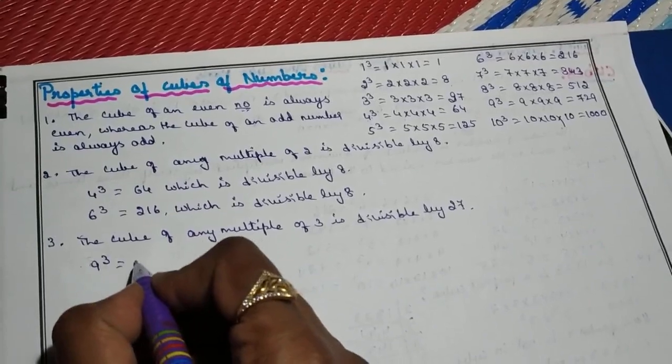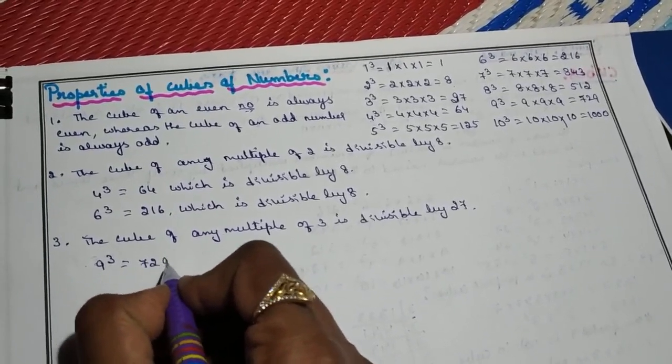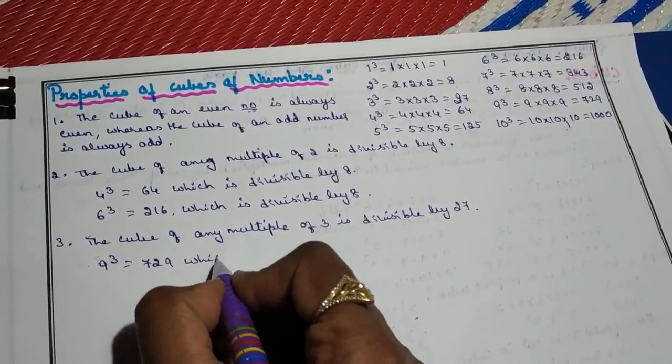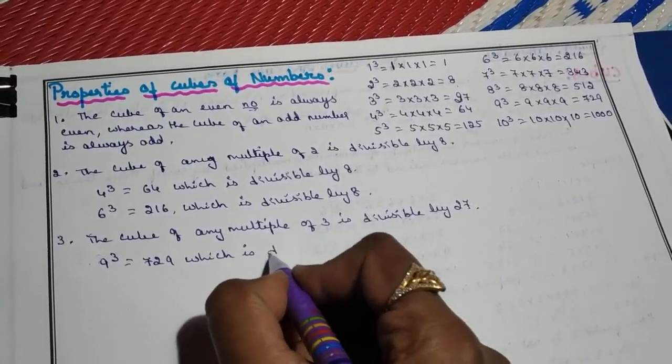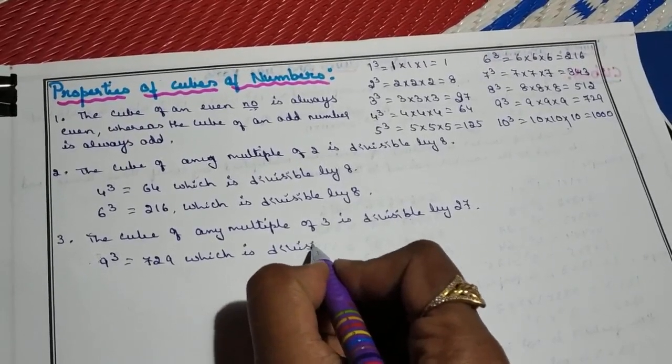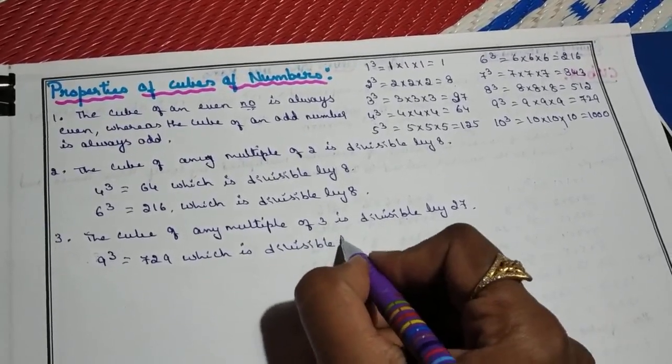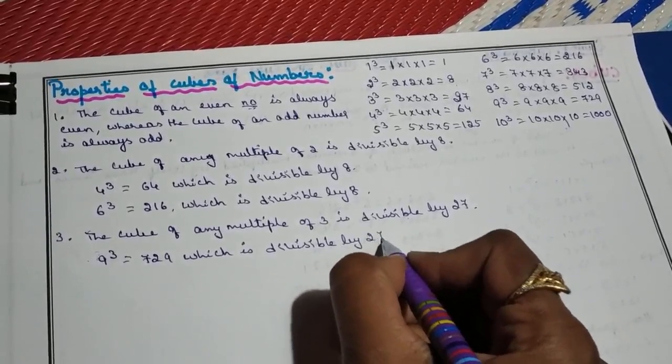So 9 cube is 729, which is divisible by 27.